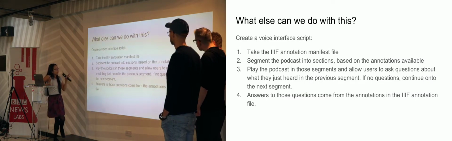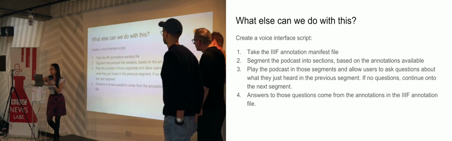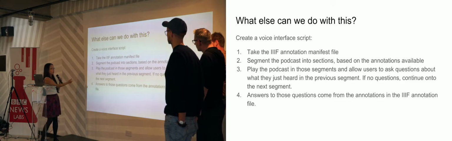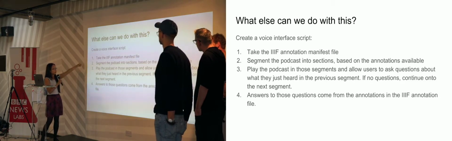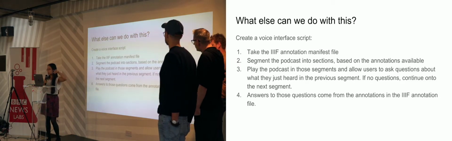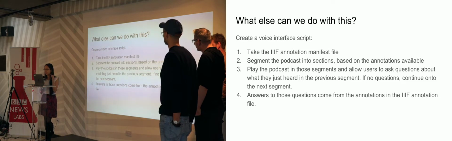So we didn't quite get to the second part of the initial question that we wanted to answer, which is could we create a voice interface script out of these annotations? But this is generally the kinds of things we were thinking about. You could take the annotation file and you could segment the podcast into sections based on the annotations that have been written. One of the challenges that I understand with voice interfaces is that it doesn't handle interruptions really well.